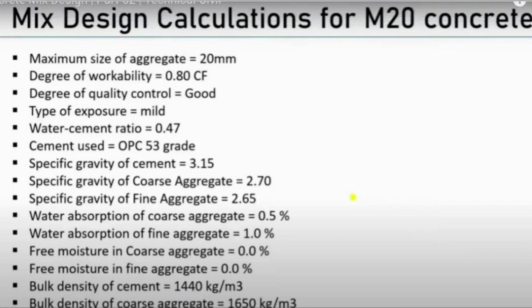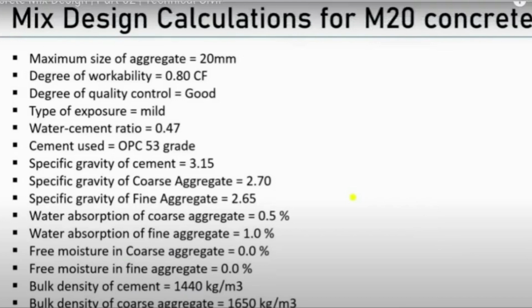Now we arrange this in the ratio of cement, sand, aggregate. The water cement ratio is 0.47. Cement content is 395.75 kg, sand is 692.82 kg, and coarse aggregate is 1151.7 kg. Now divide the fine aggregate and coarse aggregate by 395.75. We get the proportions of cement, sand, aggregate as 1 is to 1.75 is to 2.91.